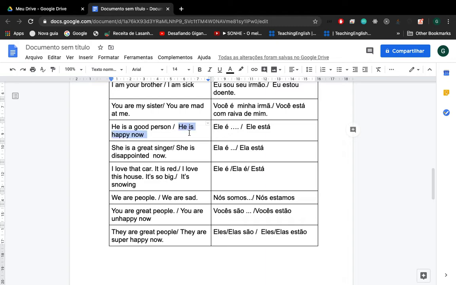And if I say he is happy now, just because he's happy now doesn't mean that he's going to be happy forever and not be sad again. No, right? It's a temporary condition. He's happy now, and now even reiterates the concept.